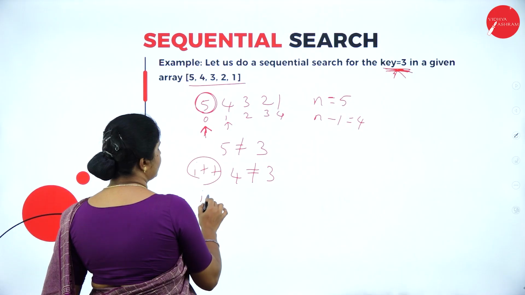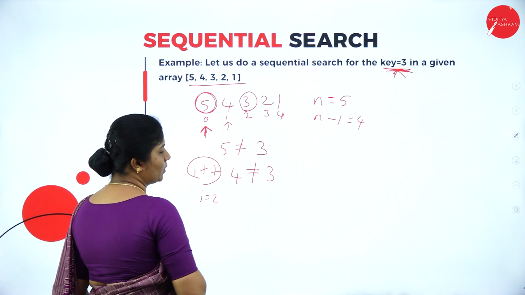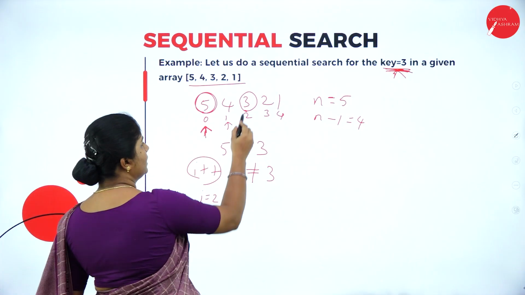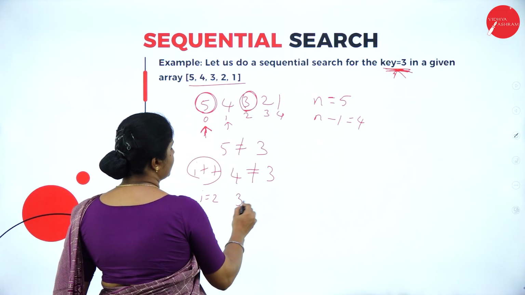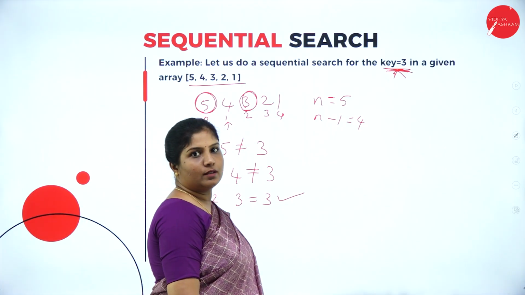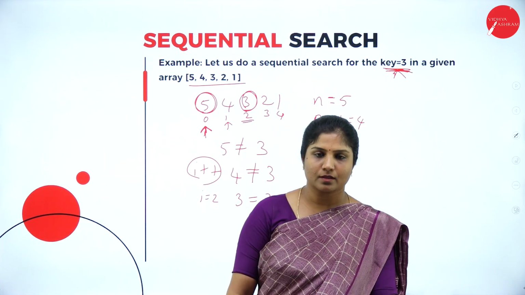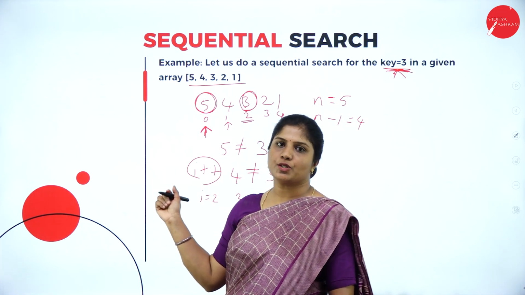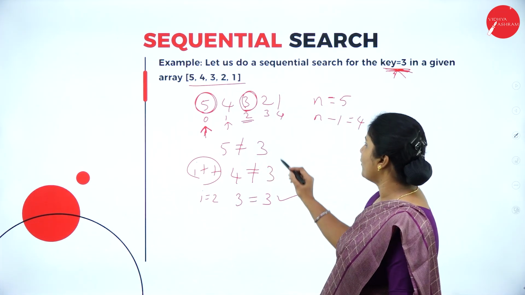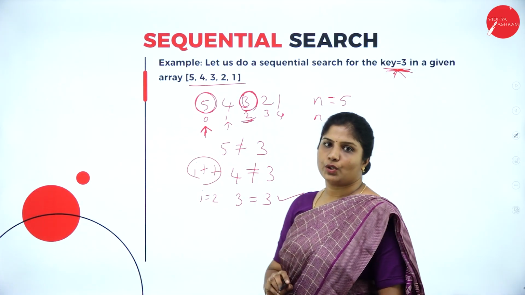Now i is 2. What is there at index 2? We have 3. Is 3 equal to 3? Yes. I got the key element at index 2. This is how the sequential search works. So, we found the key element 3 at index 2.